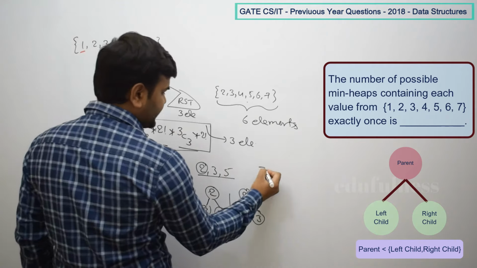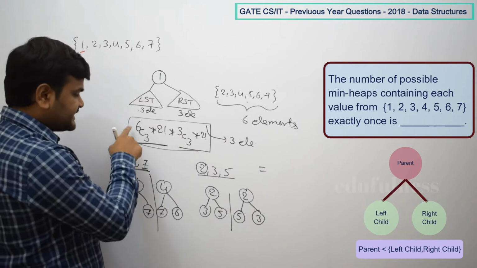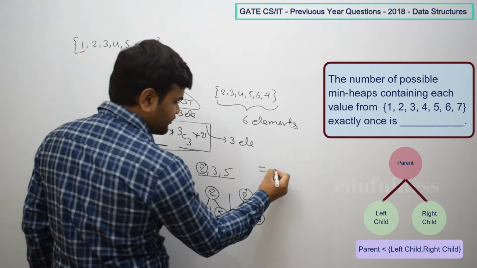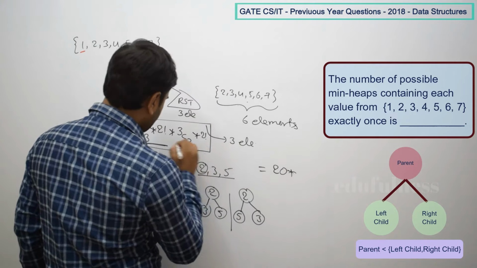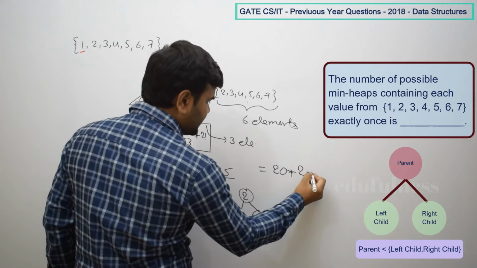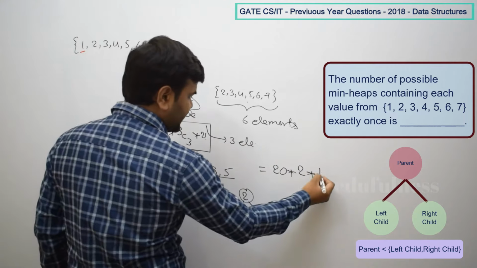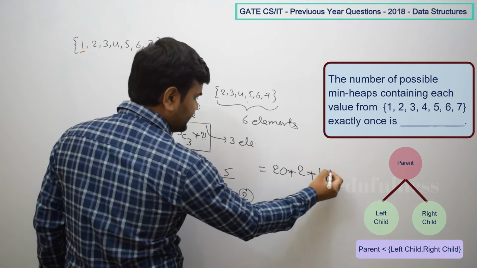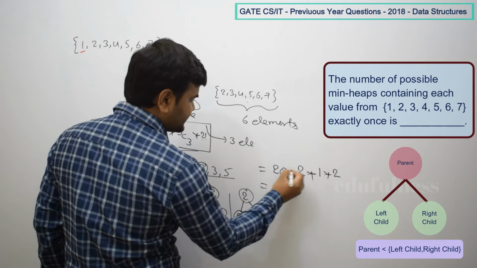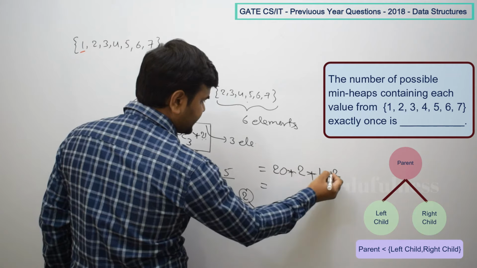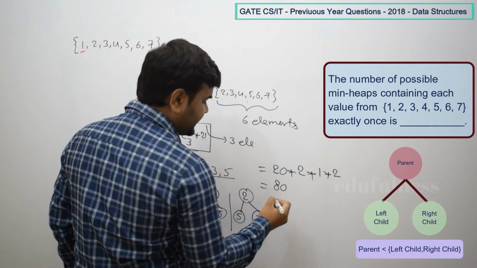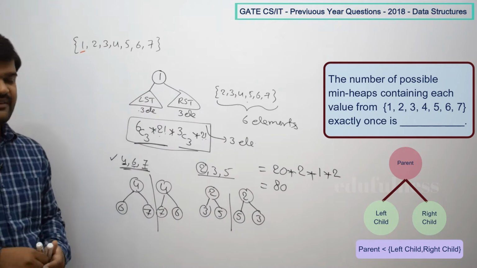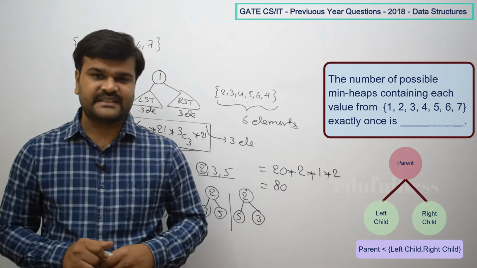Okay, so what is the result overall? 6C3 is 20, into 2 factorial 2, into 3C3 which is 1, into 2 factorial 2. So what is the answer here? 20 into 2 is 40, 40 into 2 is 80. 80 min heaps are possible from these given 7 elements.